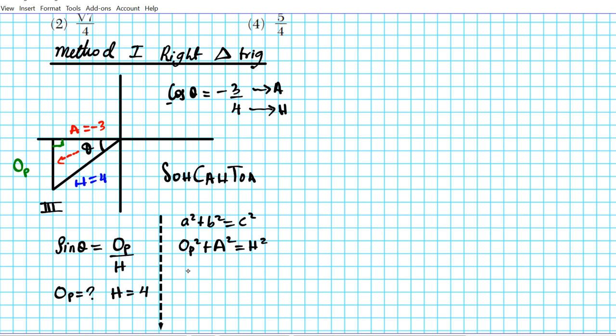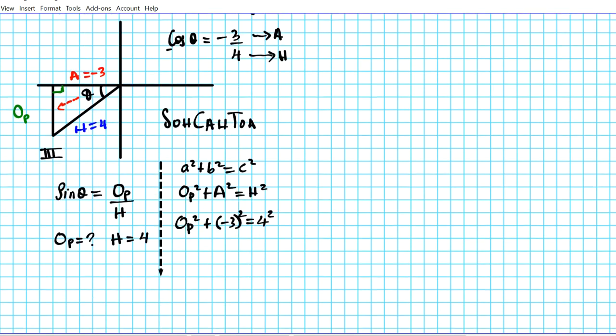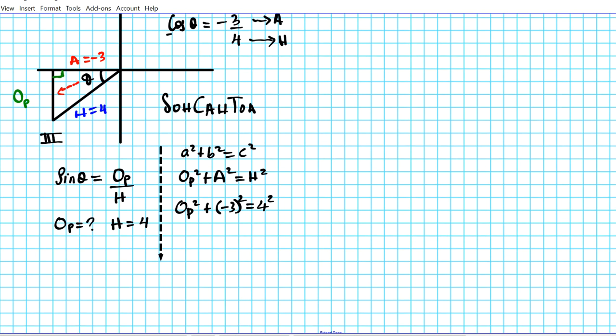Our opposite, we don't know what that is. Let's just call it opposite squared, plus our adjacent, which is negative 3 squared, equals our hypotenuse squared, 4 squared. We're going to solve this resulting equation for opposite. So we just expand everything.